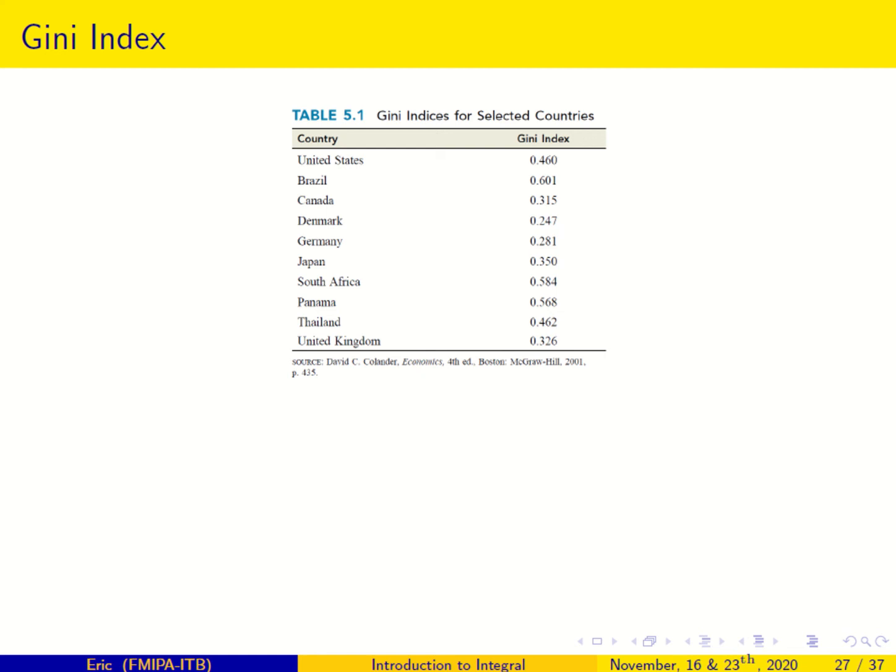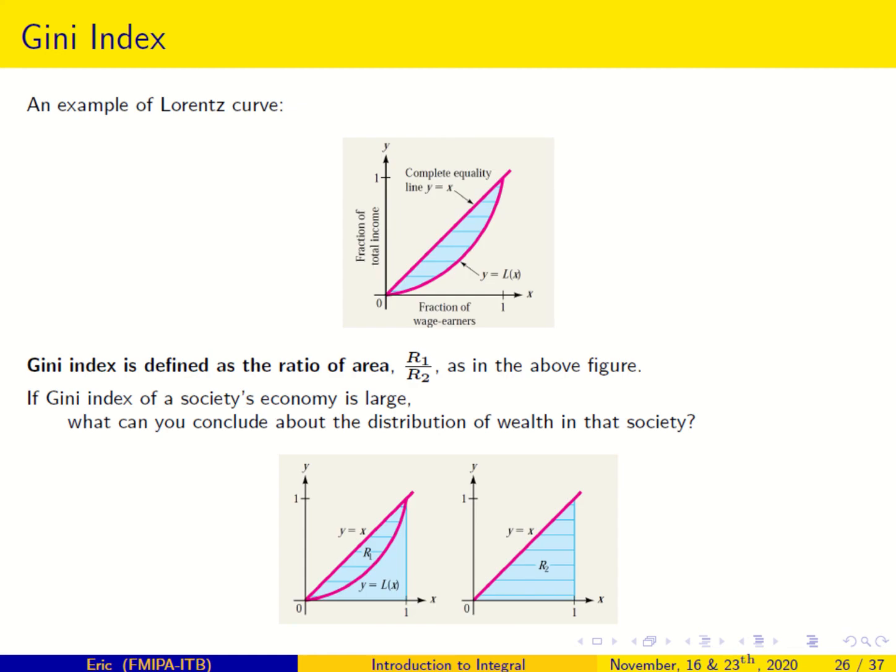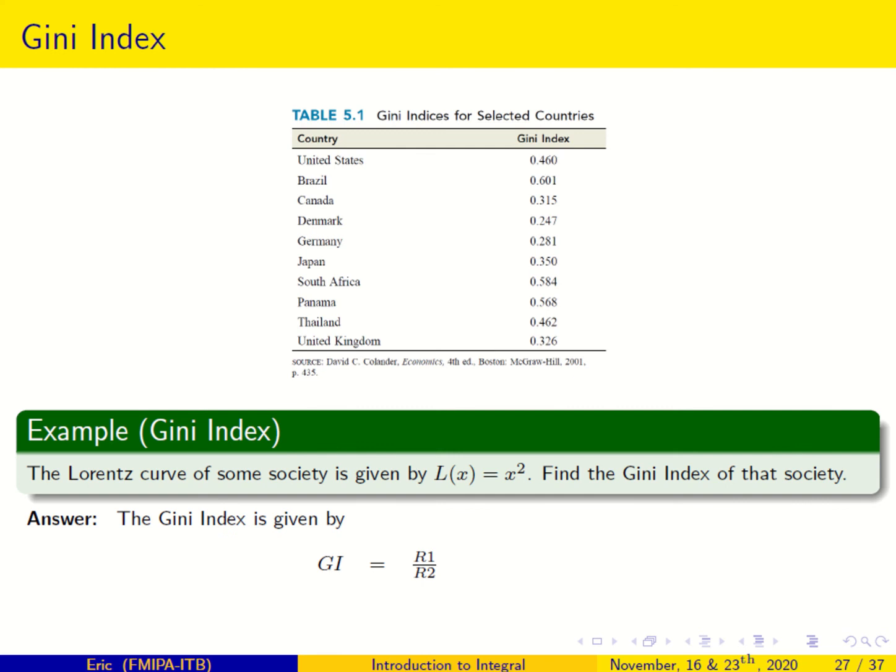R2 is this one, a half times 1 times 1, that is a half. So it should be the integral of x minus x squared dx. So R1 should be x minus L(x). So this is wrong, but you know how to find the Gini index.